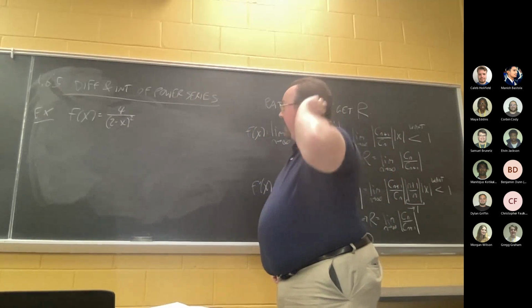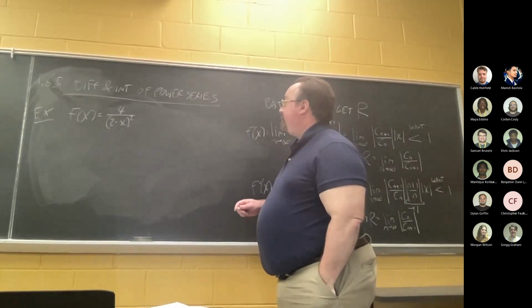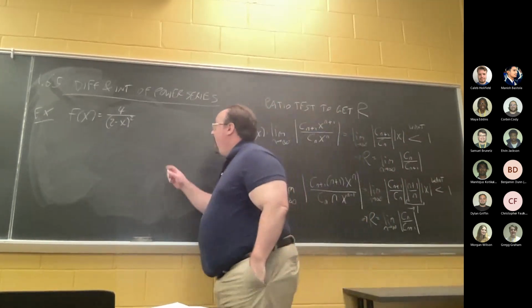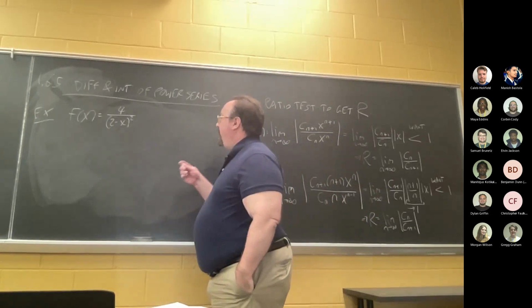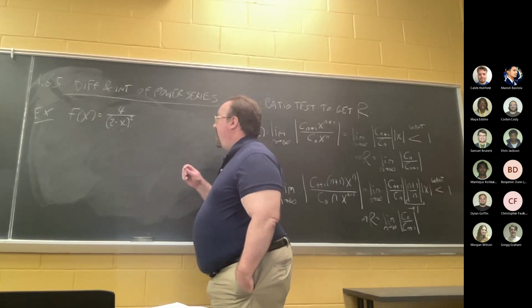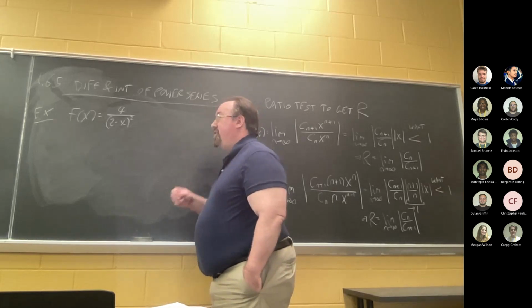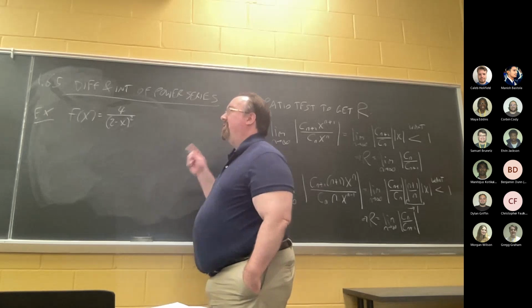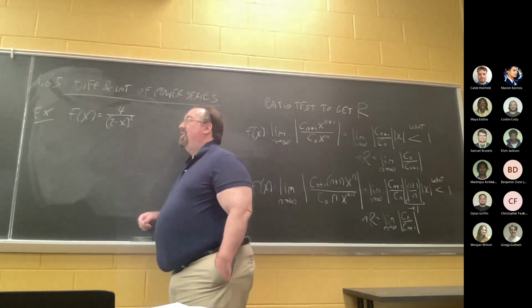Unlike previous examples involving going back and forth between function and power series, you try to relate the function to the geometric series, but you can't really do that in this case because you have this squared.